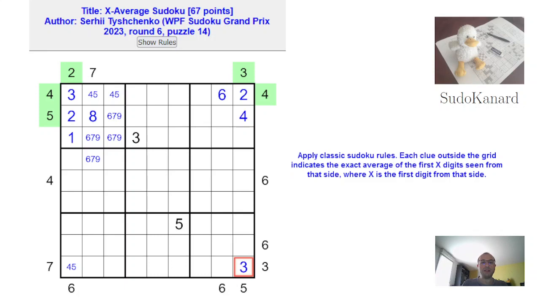This is now a 3, which means that the sum of those 3 digits must be 9. So those must sum to 6. They must be 1 and 5 or 2 and 4.